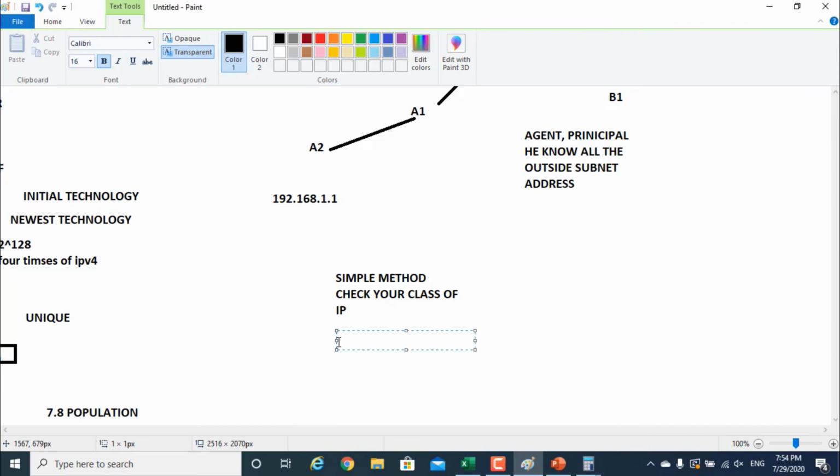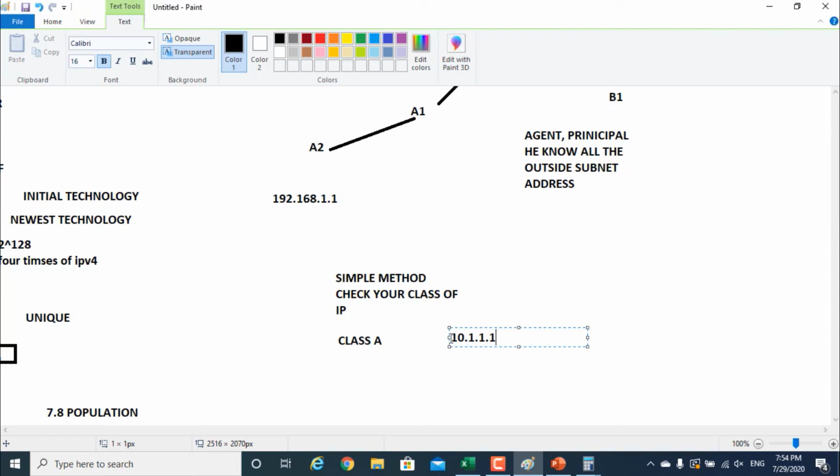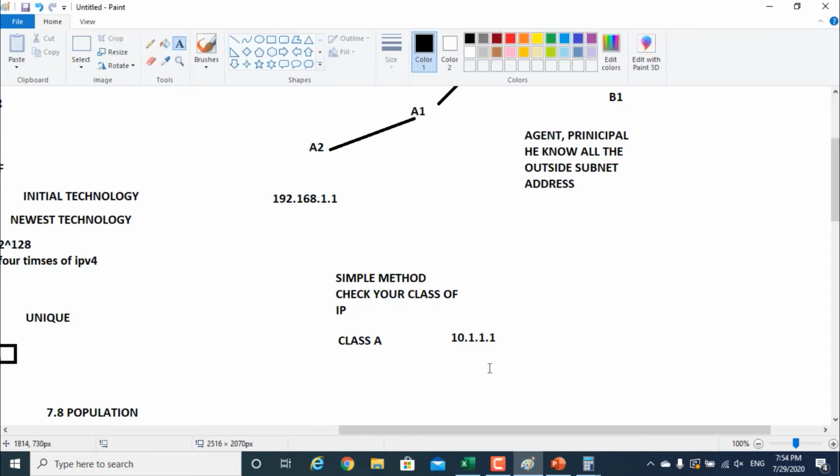If your IP is from class A, for example 10.1.1.1, this is class A, isn't it? Yes. So if the IP is from class A, then your first octet is your network ID, or your network portion, the common portion.